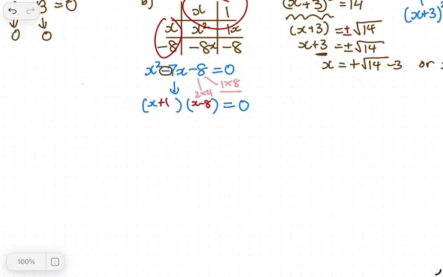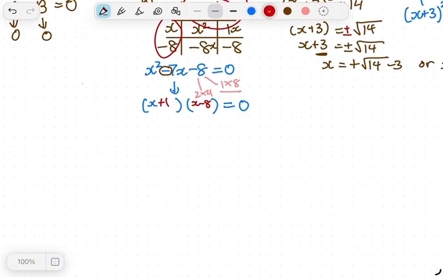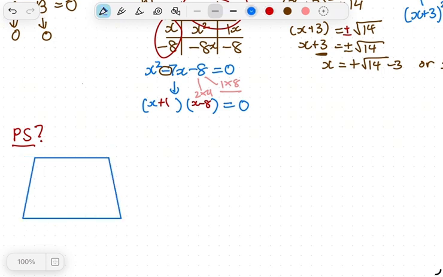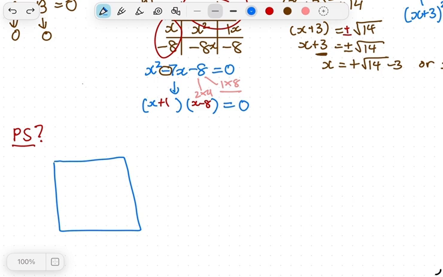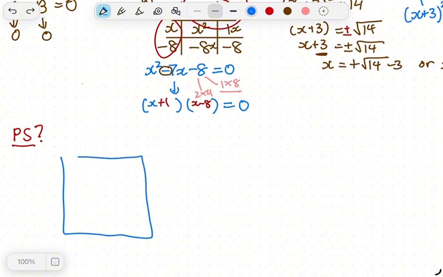Now, when viewed pictorially, a perfect square is like a square. Let me draw it out for you. Square. That's not a square. A square. Yes. No, that's not a square. Okay, that's a square.